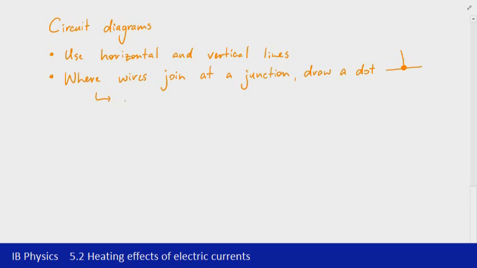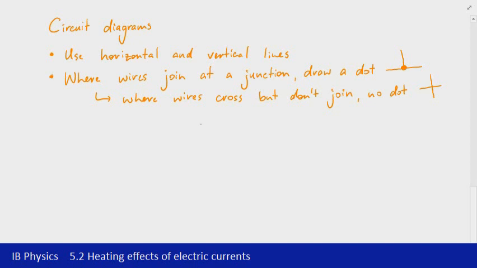So it follows then where wires cross but don't join, we don't have a dot. There won't be too many situations where that occurs, because most of the time we can draw circuits separated out, but just to mention that if we don't have that joining of wires, then we'd have that sort of situation.